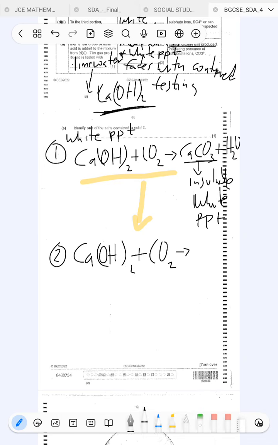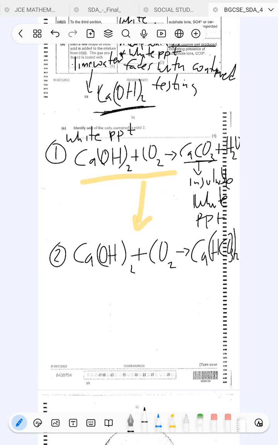So over prolonged bubbling with carbon dioxide through the lime water, you are forming calcium hydrogen carbonate. Remember the 2 from the calcium will multiply this.